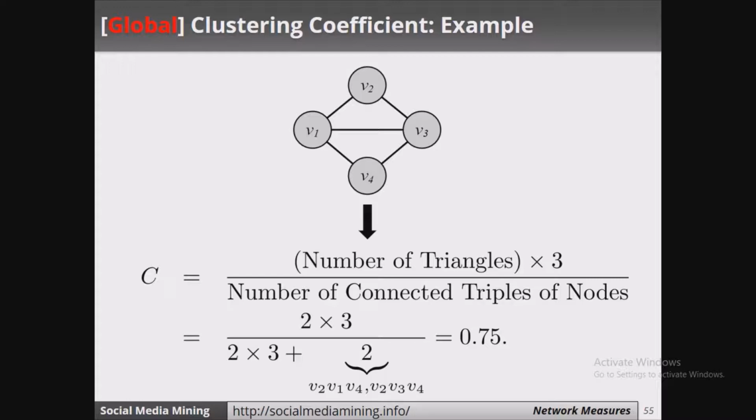One is V2, V1, V4 and the other is V2, V3, V4. These are two other triples along with the 6 triples formed by the triangles. This will give us 6 divided by 8, which is 0.75. This means that there is 75% transitivity in the graph.